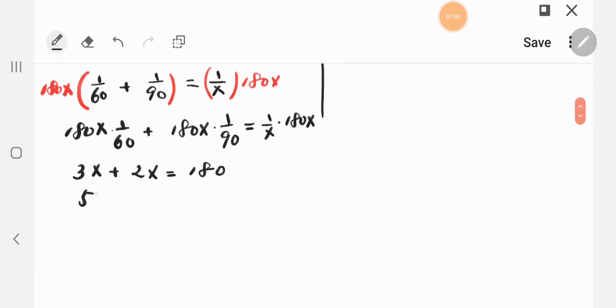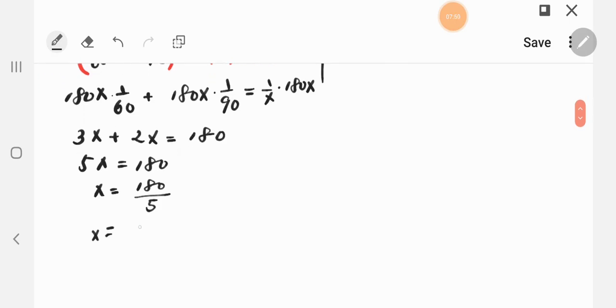Then 5x is equal to 180, so x is 180 divided by 5, which is 36. So it takes 36 minutes if both painters work together.